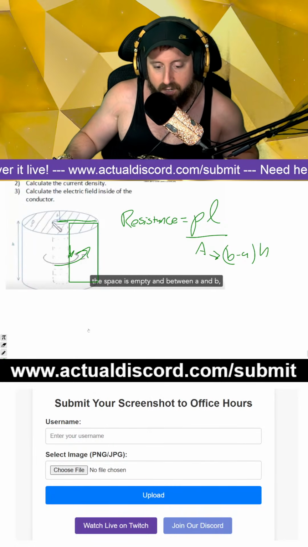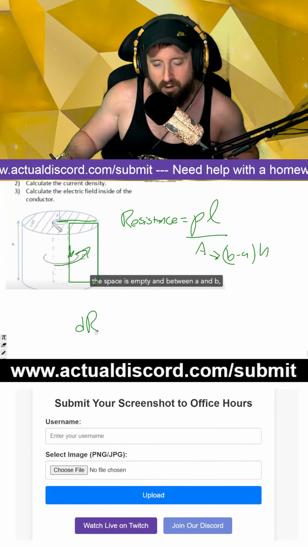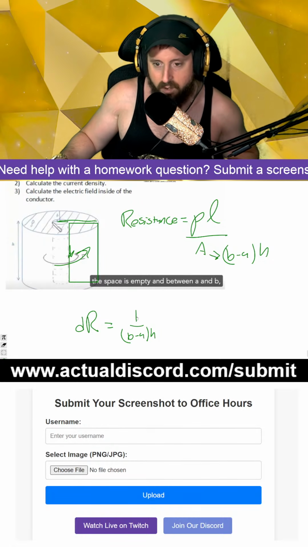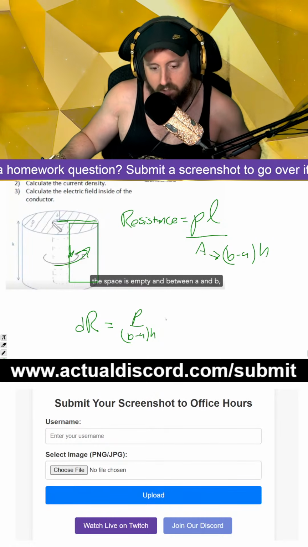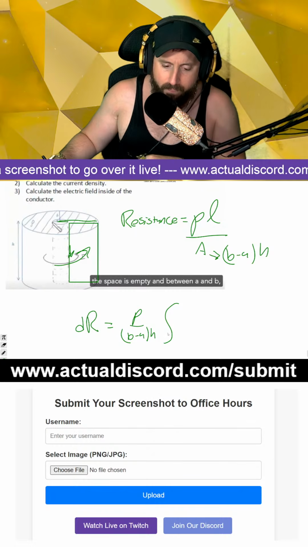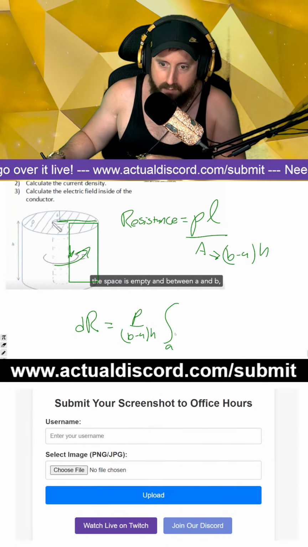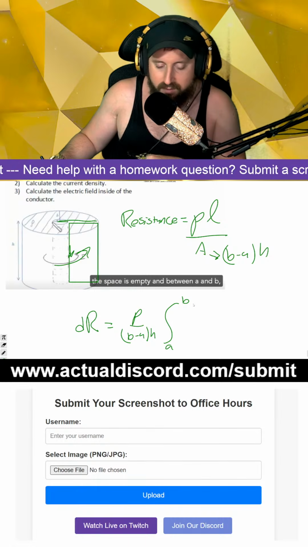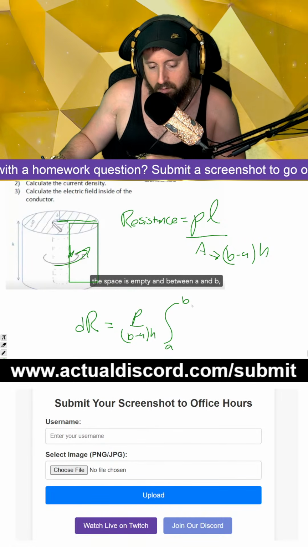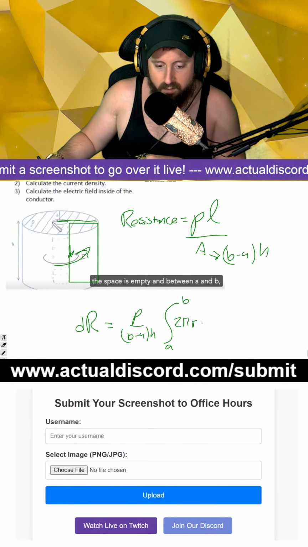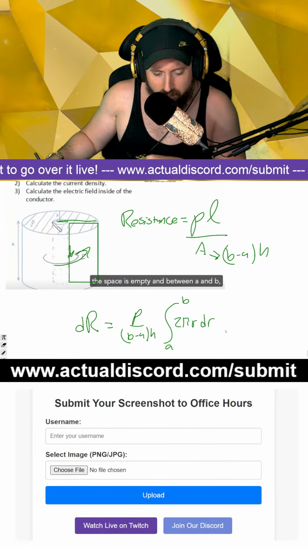Okay, so I'm going to say that dR is equal to 1 over (b minus a) times h, and then times resistivity. That's not going to change. And then the length is going to be different. So we're going to go from a to b, and the distance you're going to travel is going to be 2 pi r dr. Does that make sense?